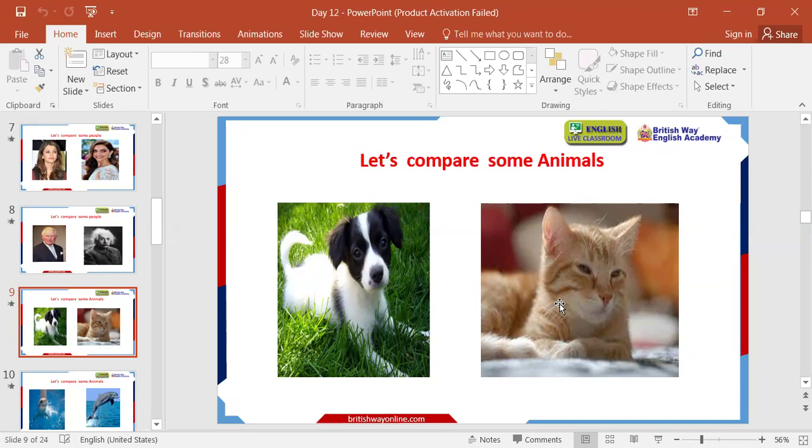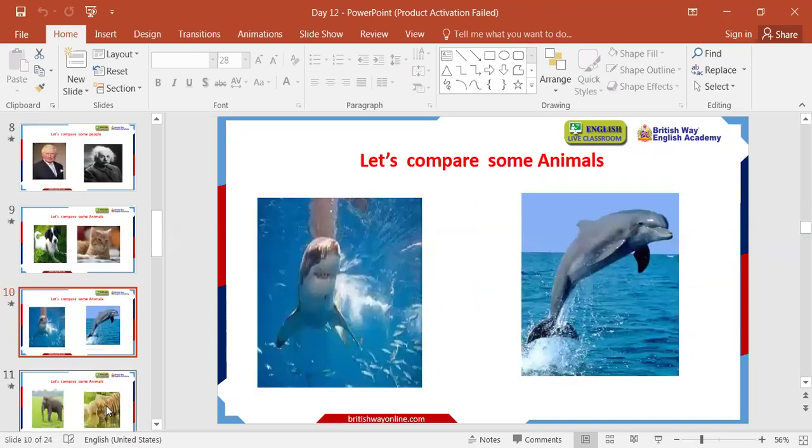Dogs are more innocent than cats. How about the dolphin and the shark? Yeah, dolphin and the shark.